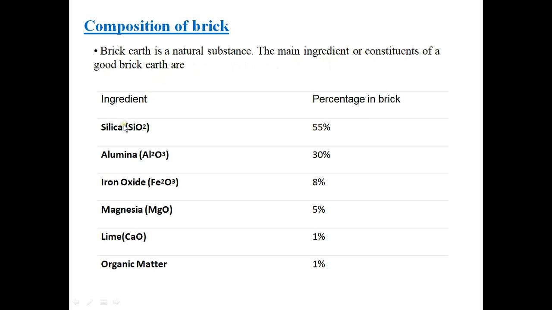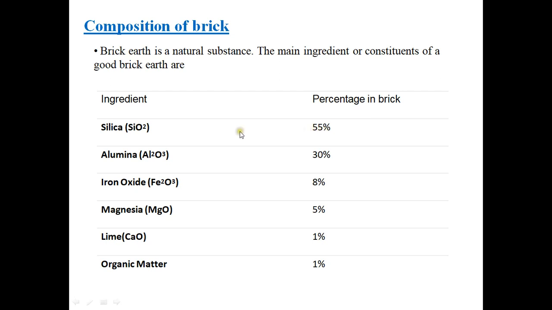Number one, the higher composition is silica and alumina. Silica, chemical formula SiO2, is present at about 55% in the earth material.